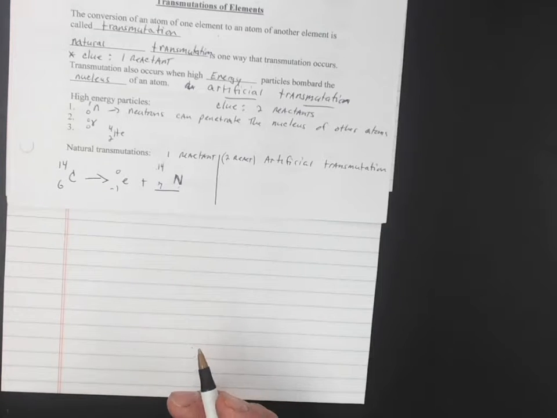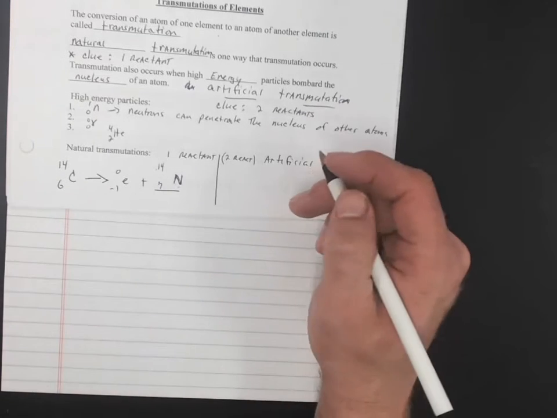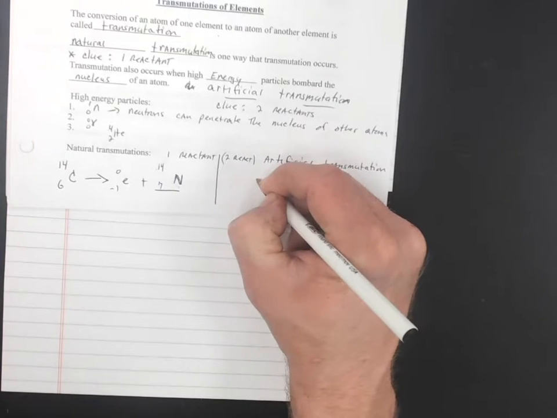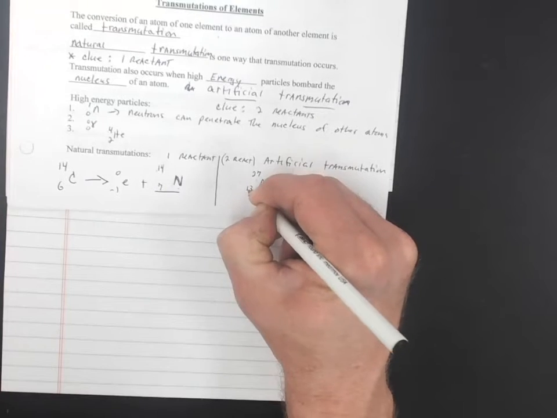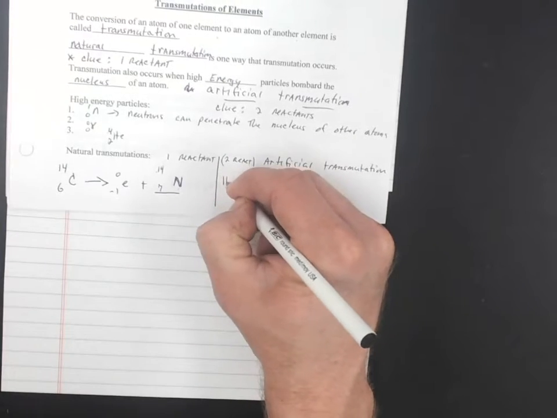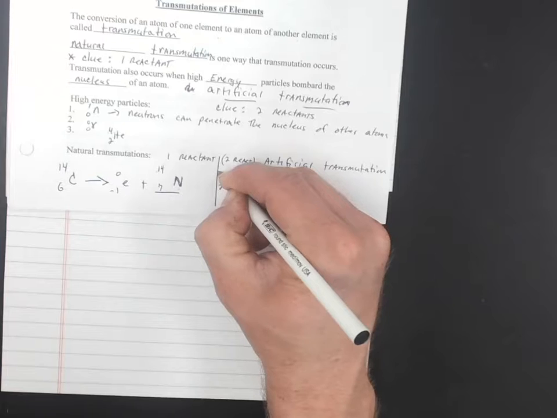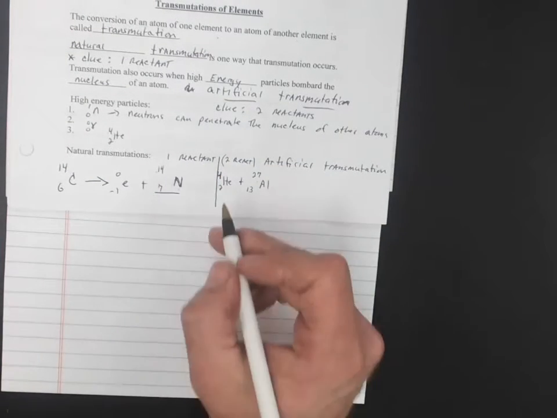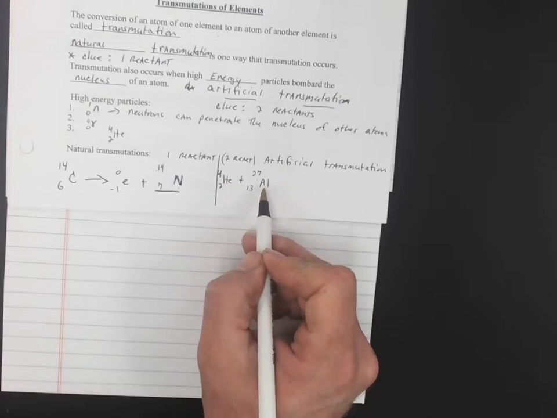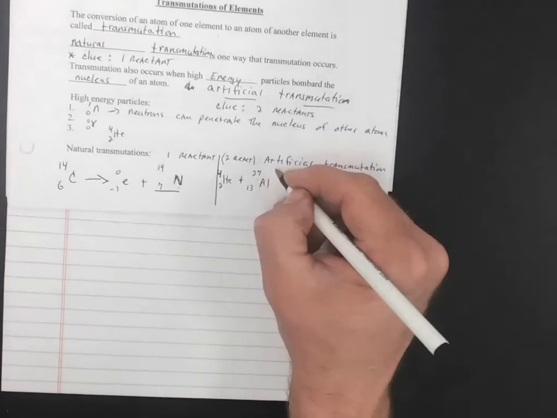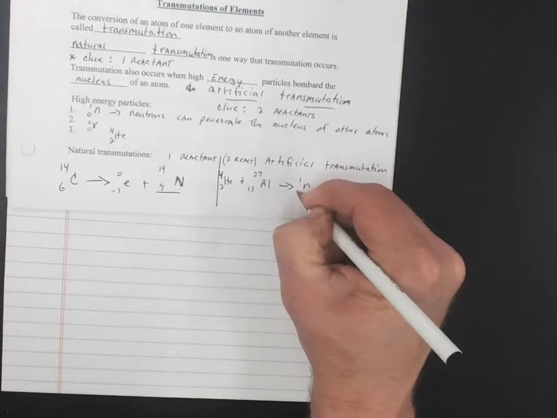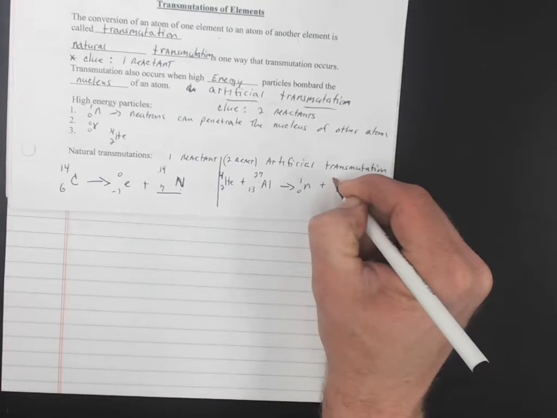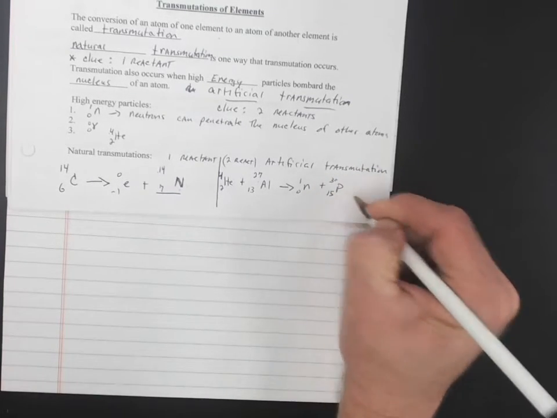On the other hand, if you want to do a reaction with aluminum 27-13, you can shoot a helium particle, I meant alpha particle, at an aluminum atom, and when you do so, it will produce a neutron and phosphorus 30-15.